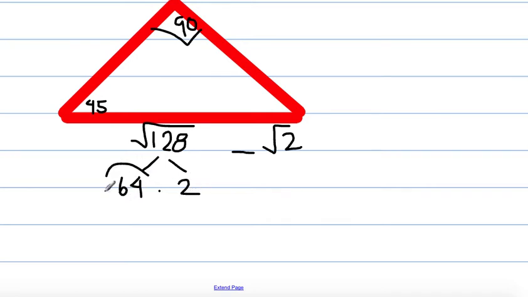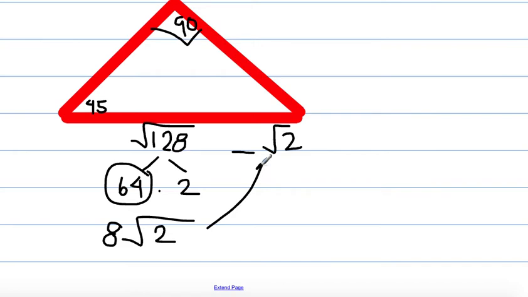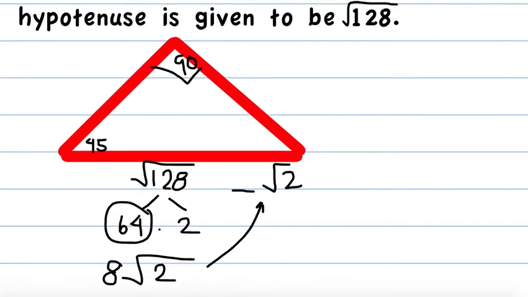And it just so happens that 64 is also a perfect square. So we're going to have 8 outside of the radical, and 2 will remain inside. So this looks a lot like what we were looking for. Therefore, we know that S must equal 8, since 8 times the square root of 2 is the hypotenuse.